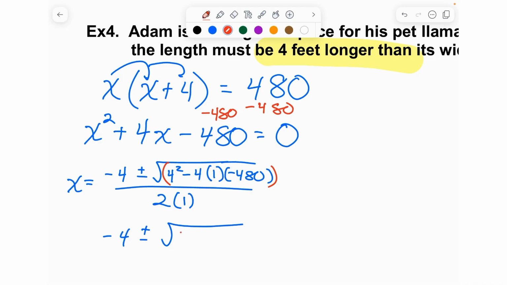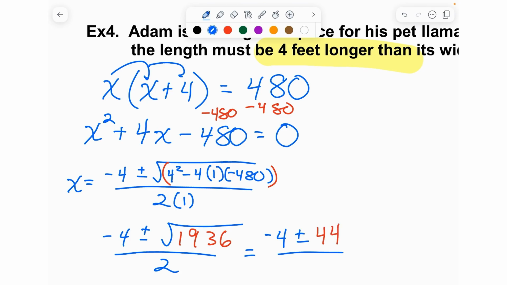Well, that comes out to be 1,936. Now, it's actually true that the square root of 1,936 is perfectly the number 44. How about that? So I perfectly can get negative 4 plus or minus 44 all over 2.